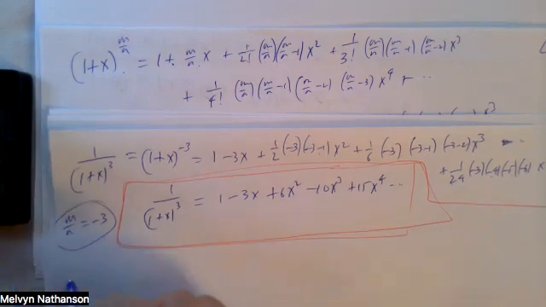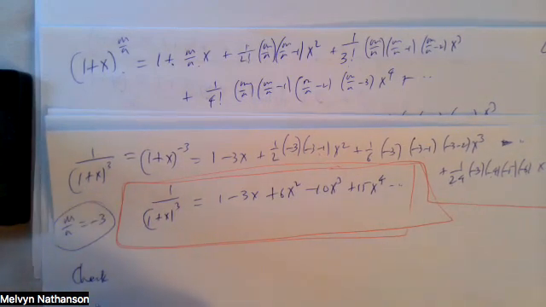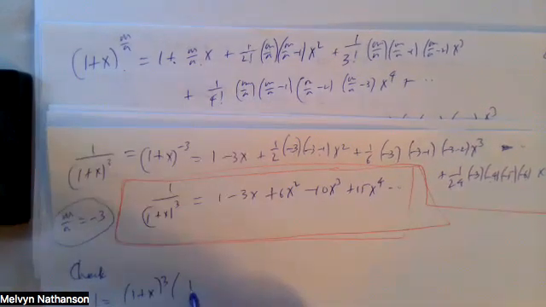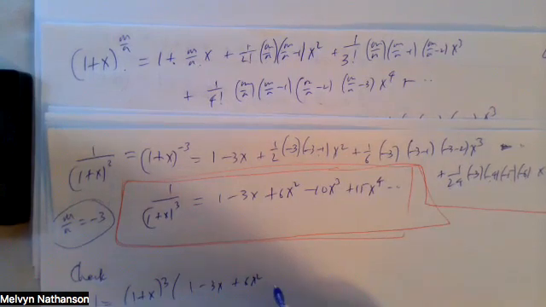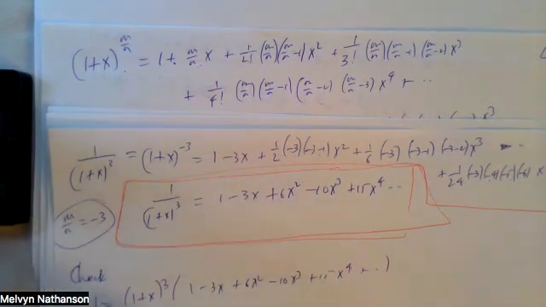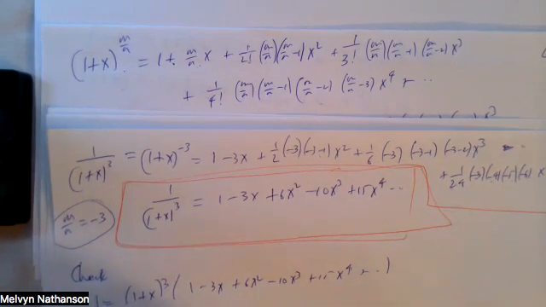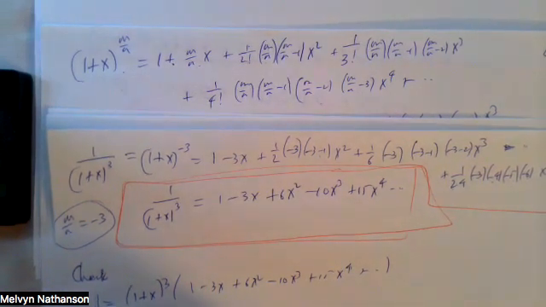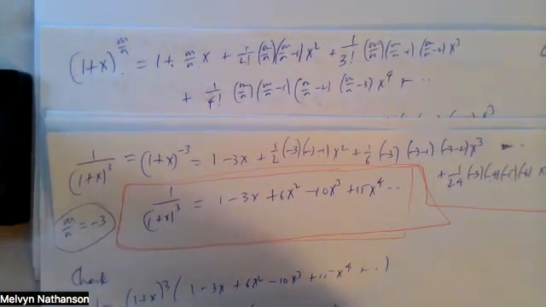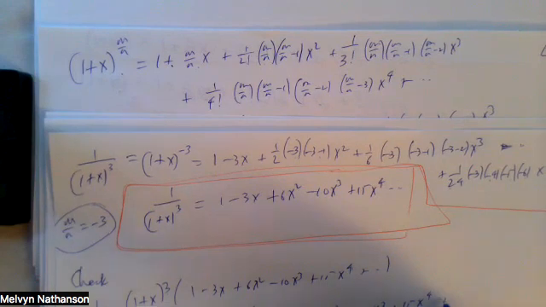Suppose you want to check. So you cross multiply. 1 should be 1 plus x cubed times 1 minus 3x plus 6x squared minus 10x cubed plus 15x to the 4th, and so forth. How can you check? Well, 1 plus x cubed, we already know how to expand that. That's 1 plus 3x plus 3x squared plus x cubed, times 1 minus 3x plus 6x squared minus 10x cubed plus 15x to the 4th, and so on.